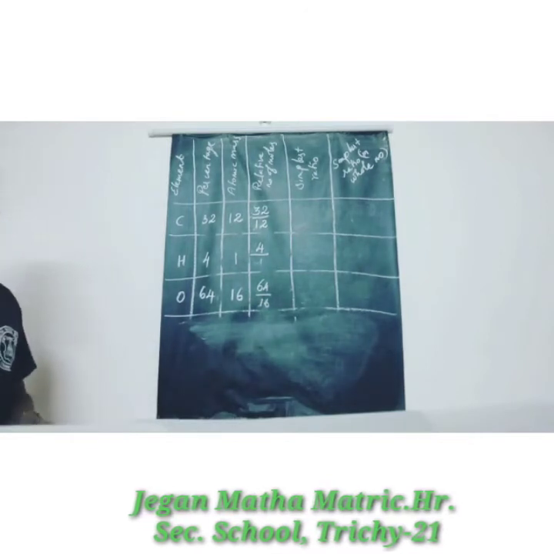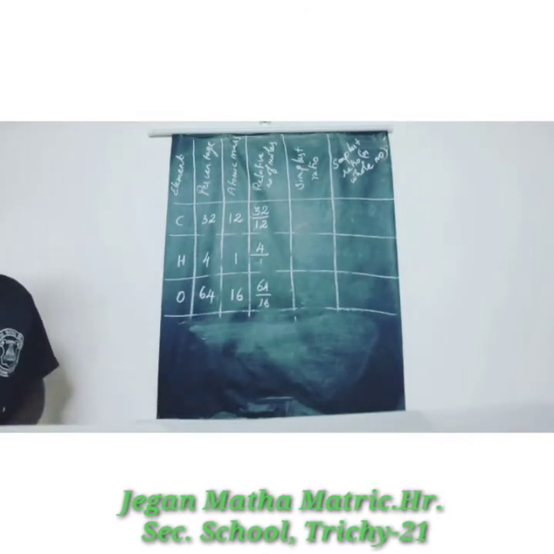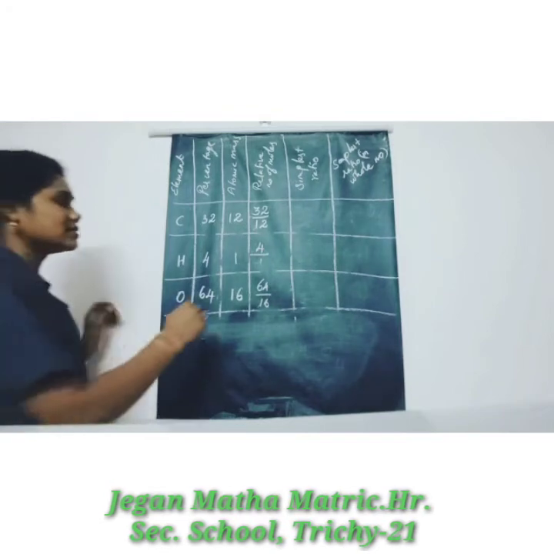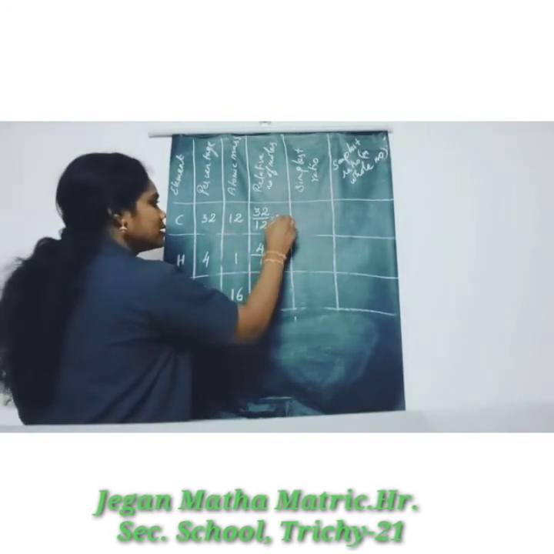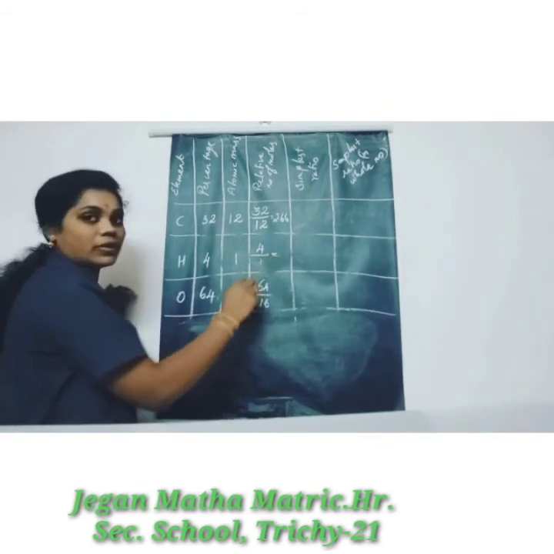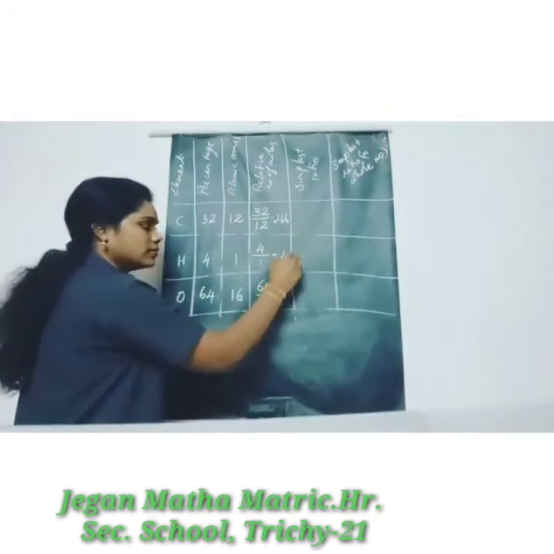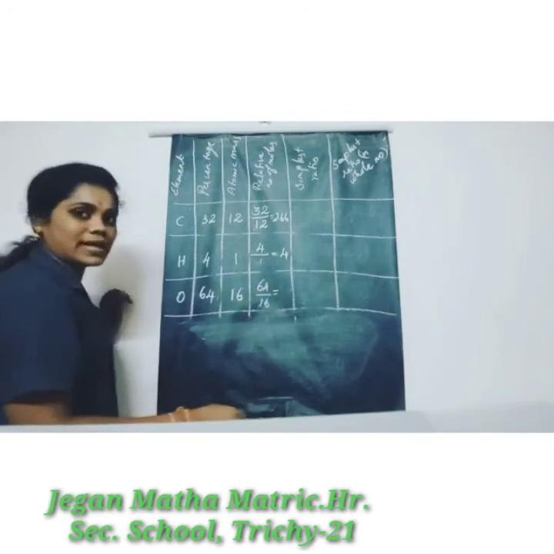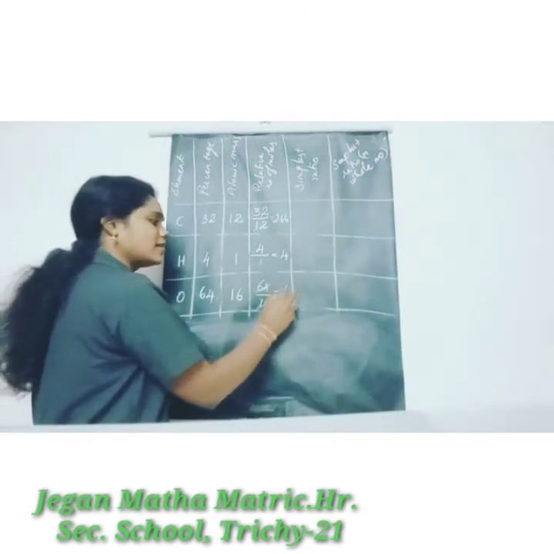Next step, cancel this. 32 divided by 12 is 2.66. Here 4 divided by 1 is 4. Here 64 divided by 16 is 4.